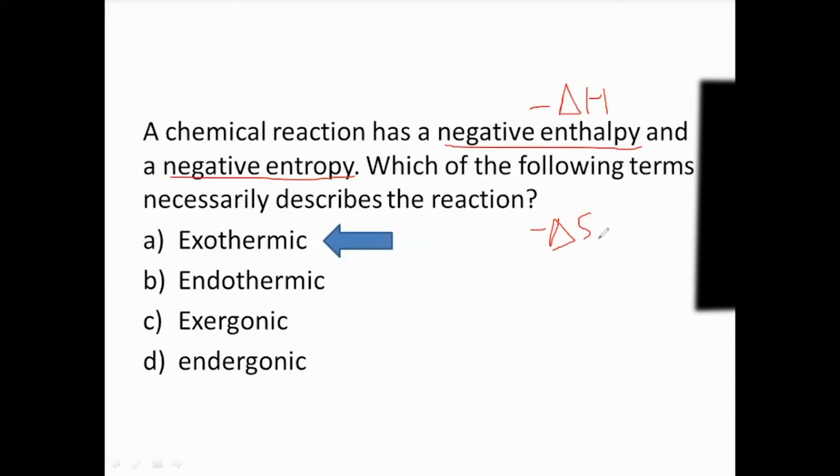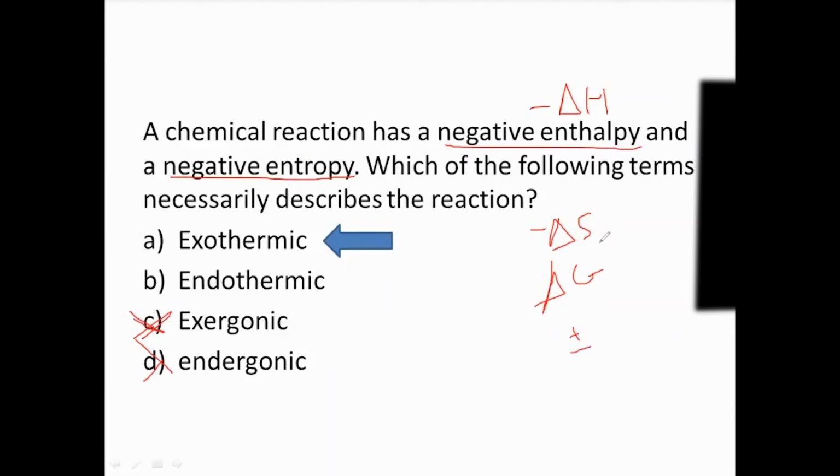right? If one is favorable and the other is unfavorable, in terms of delta G, we wouldn't be able to determine it without knowing the temperature as well, right? So with that, we can eliminate endergonic and exergonic at the same time, because delta G could be positive or it could be negative depending on the temperature.